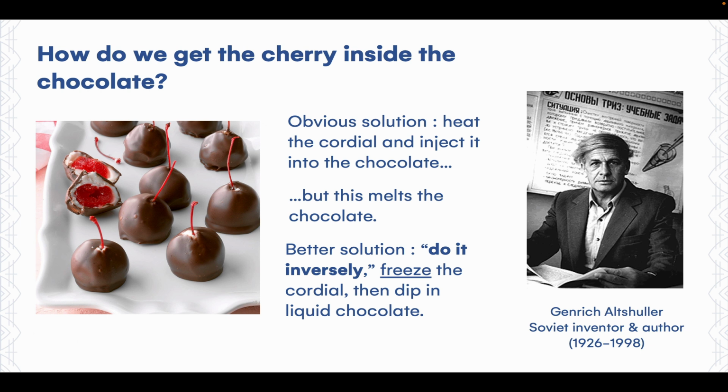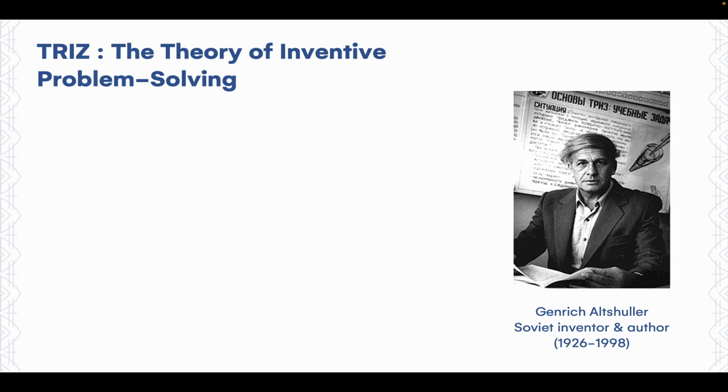This is an example famously used by Genrikh Altshuler, who was an inventor and author in the Soviet Union, who was one of the first to create a universal theory of problem solving. His theory he called TRIZ, the theory of inventive problem solving. He worked in the Soviet government and he studied 100,000 or more applications for patents.